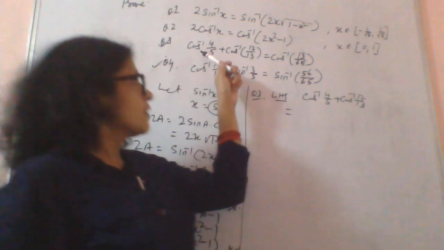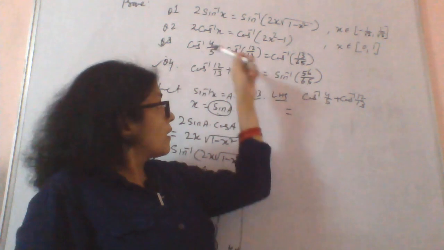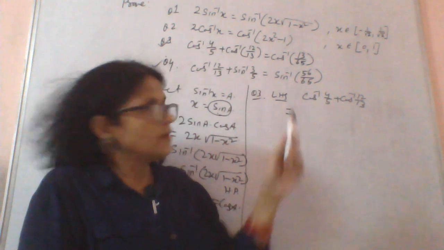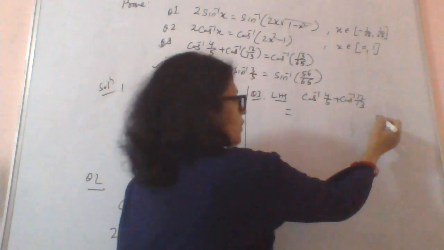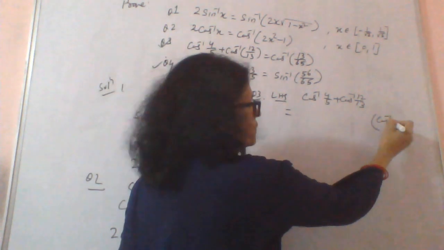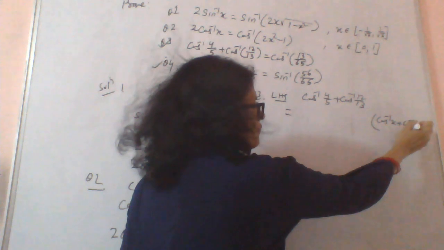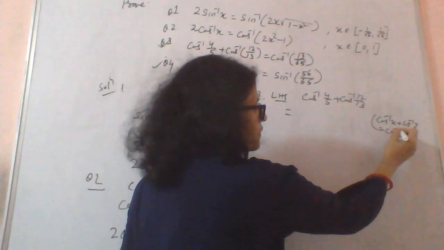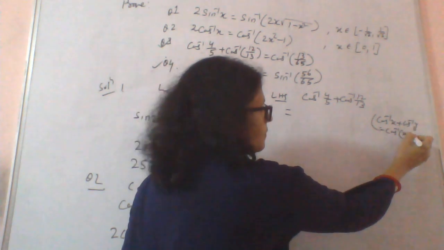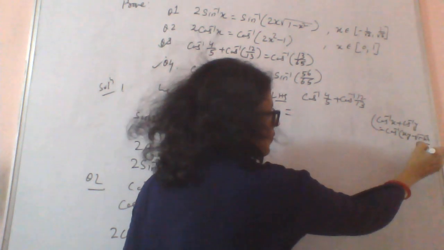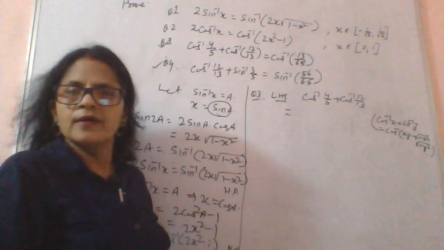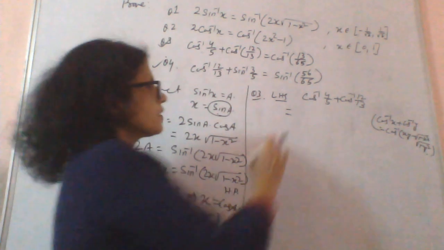Here you see cos inverse x plus cos inverse y, we need cos inverse. No problem. As we know, cos inverse x plus cos inverse y equals cos inverse of xy minus under root 1 minus x square into under root 1 minus y square, right? So directly we can apply that formula.